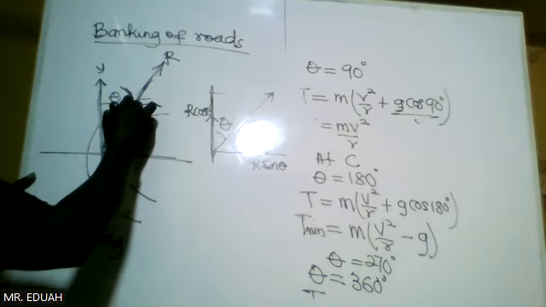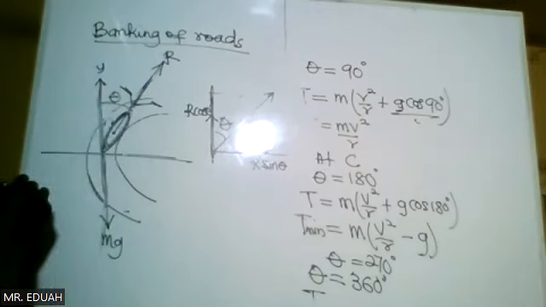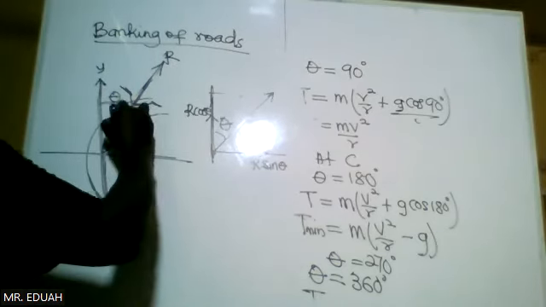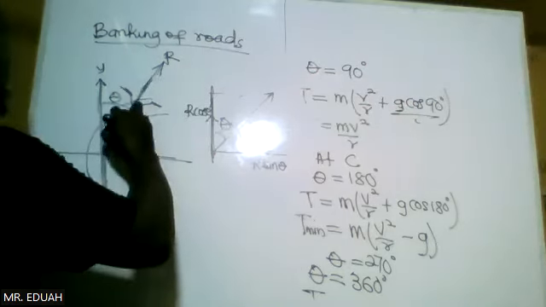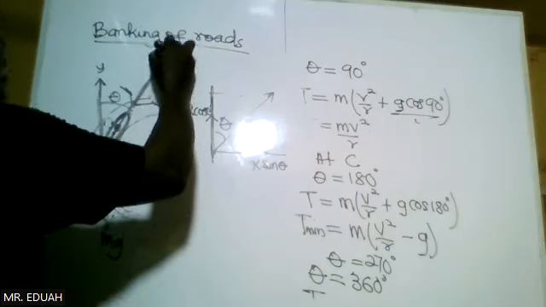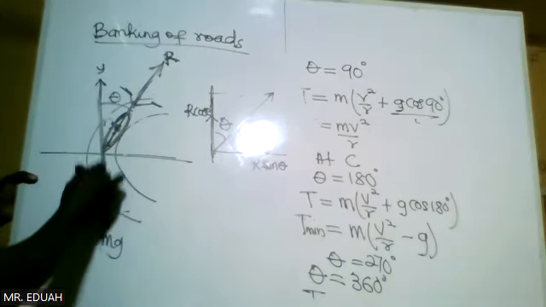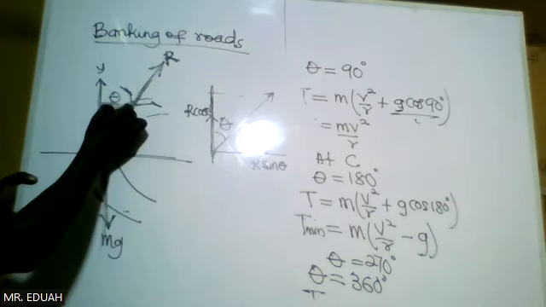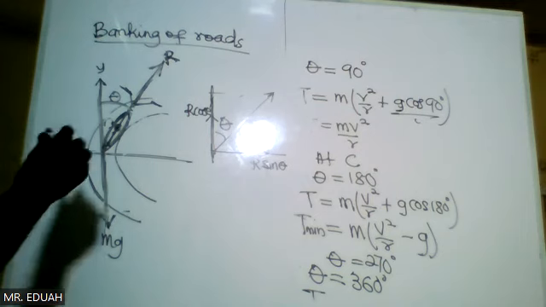So when the cyclist or the motorist turns at an angle theta to the vertical, we have these forces acting: the reactional force provided by the ground, its weight is here, and then this is the angle of tilt to the vertical.